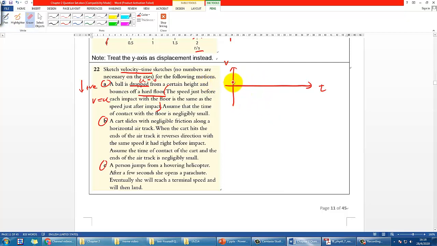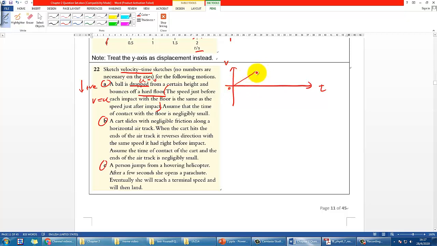So it should have 0 velocity at the beginning, and then it goes faster and faster downward, so it will increase up to a certain point, because the slope here represents the acceleration, and that is dependent on the gravitational strength, which is 9.81 on Earth, and so it will be constant when you are near the Earth's surface, so a straight line.